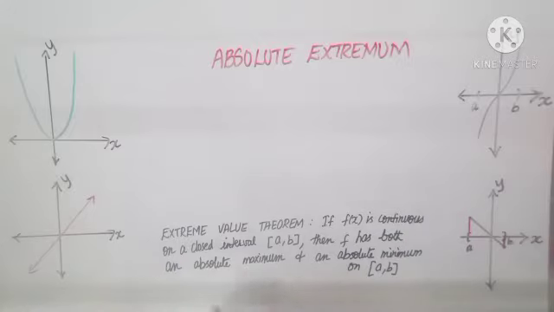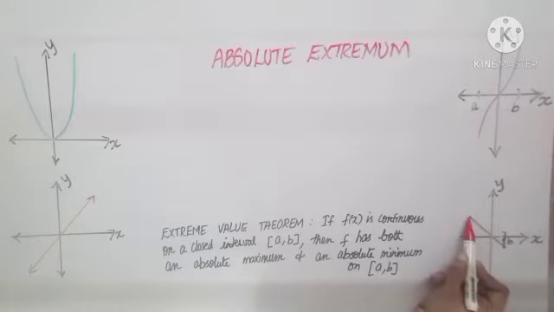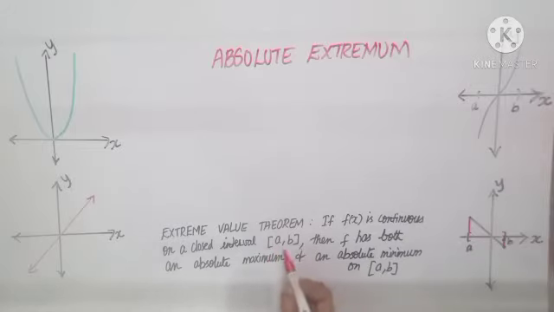Now we will see the extreme value theorem. This theorem states, if f of x is continuous, look at this line, it goes continuously from A to B. If f of x is continuous on the closed interval, look at the bracket, square brackets we have to put for a closed interval, then f has both an absolute maximum and an absolute minimum.